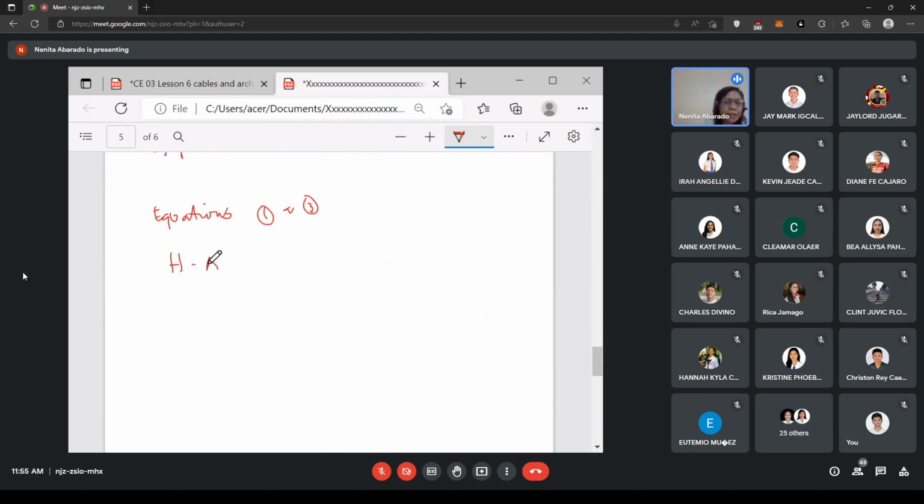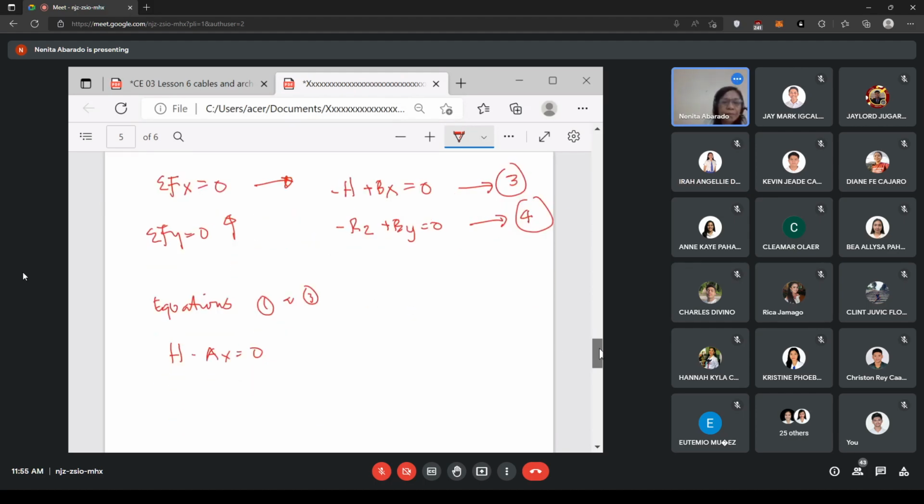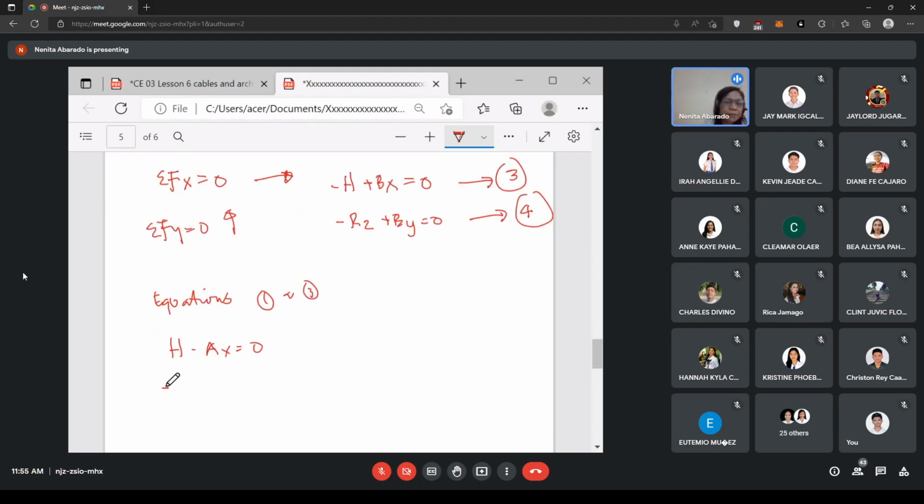Another equation: minus H plus BX is equal to 0. So you see, we know that AX is equal to BX, right? From the original figure. Therefore, H is equal to H.